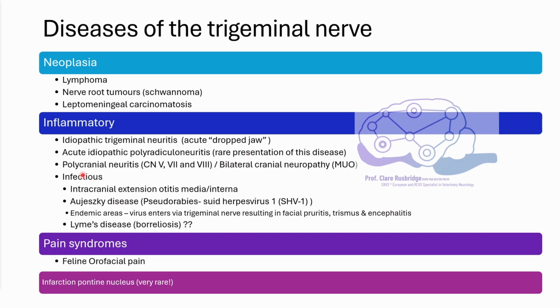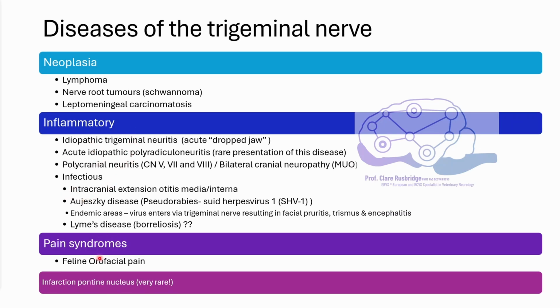Disease described in textbooks like Hunter as polycranial neuritis, typically involving the facial nerve, trigeminal nerve and vestibular nerve. It's probably the same as bilateral cranial neuropathy associated meningoencephalomyelitis of unknown origin. So I would classify these as autoimmune diseases, which are, not these two.